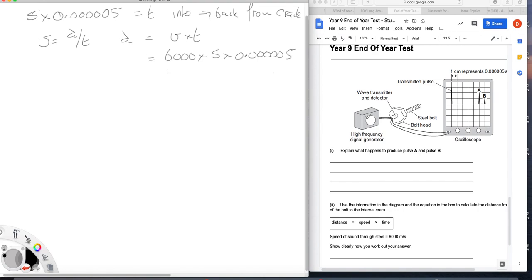But of course that's twice the distance. That is the distance from here to the crack and back. You've got to divide that by 2. And if you do the numbers, you'll get 0.075.